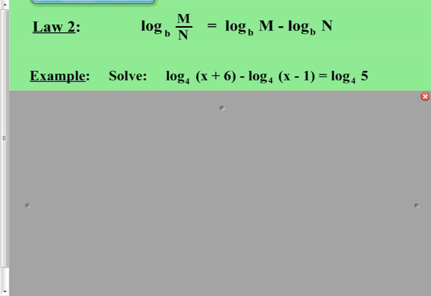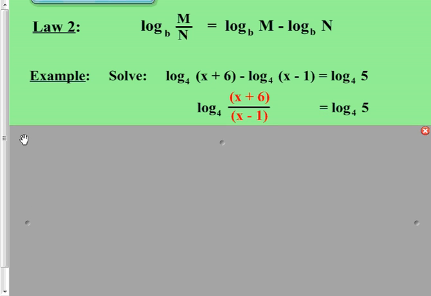Now we see that on the left side we have a binomial, log base 4 minus a different log base 4. Law 2 tells us that we can turn this into a single term, a monomial, log base 4 of the first argument divided by the second argument. So that would be x plus 6 over x minus 1.